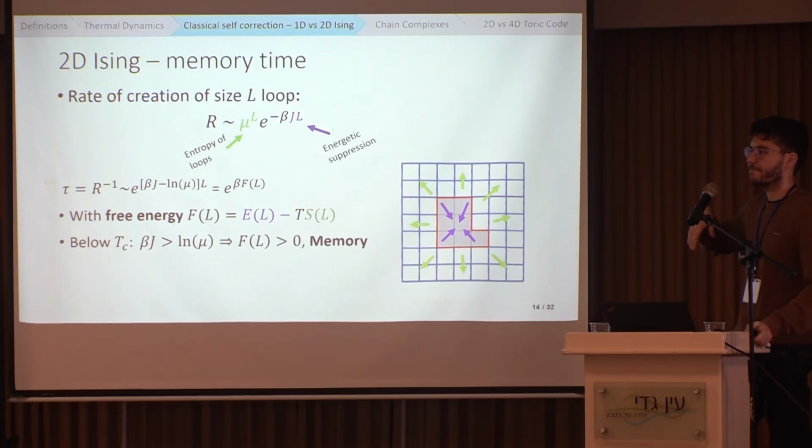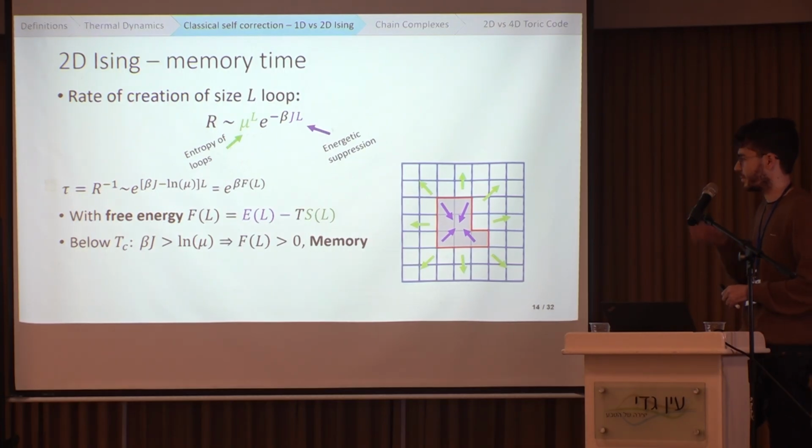Sorry, I'm confused. What is E of L? E of L is the energetic cost of a loop of size L. Okay, and what is the entropy of L? It's the log of the number of loops of that size.